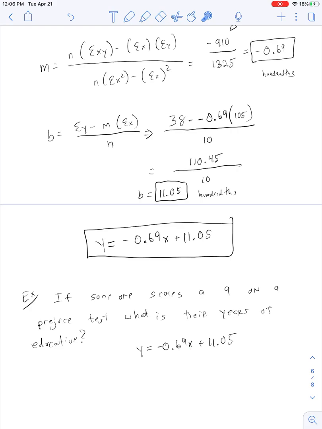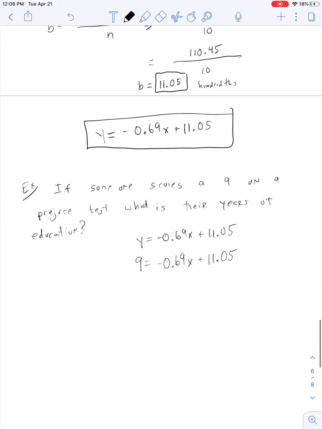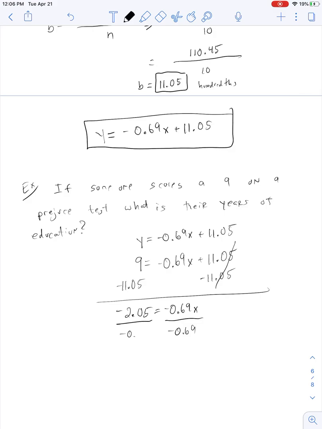We're looking for X, which means they gave us the Y. So all we're doing here now is just solving for X. Just some nice simple math. We subtract 11.05 from both sides. 9 minus 11.05 gives us a negative 2.05 equals a negative 0.69x. Last step would be to divide.